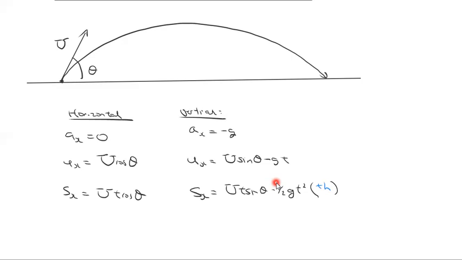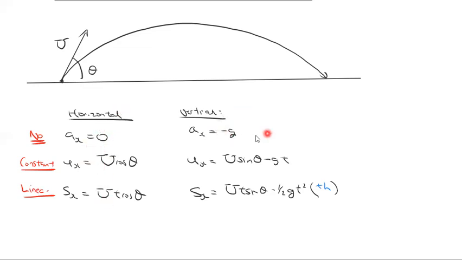What I probably didn't stress enough, and this is very commonly tested, is what you can tell from these. It's quite clear from the equations, hopefully, that horizontally there is no acceleration. This is a constant velocity and a linear displacement for the horizontal.